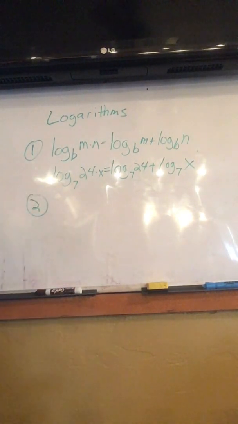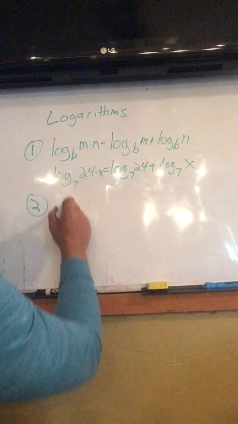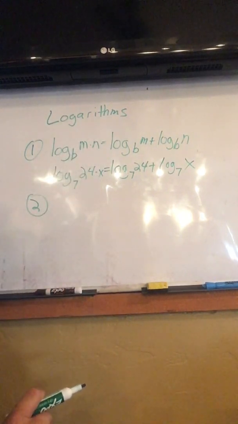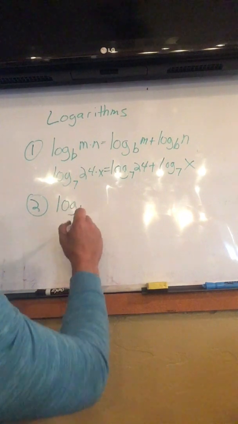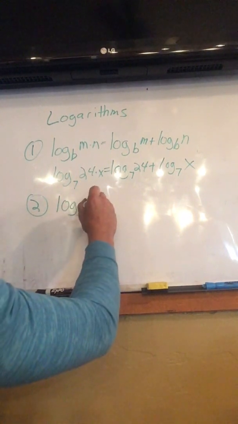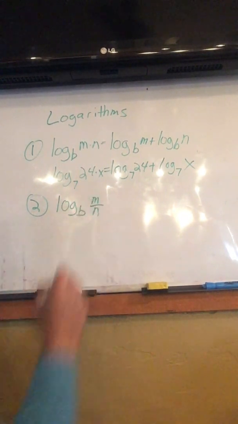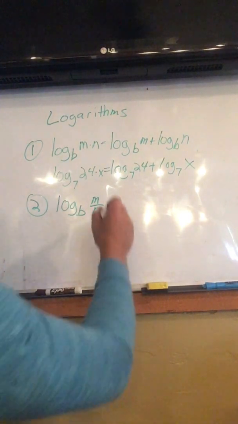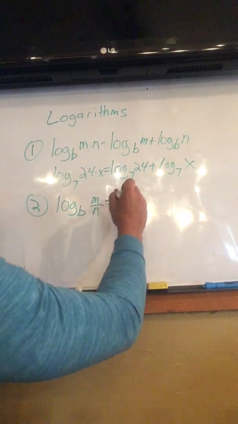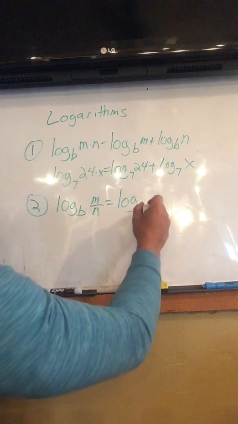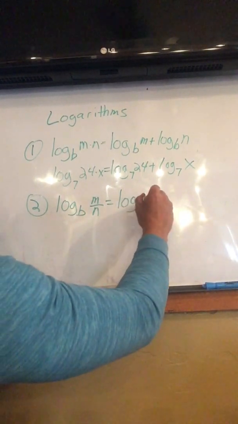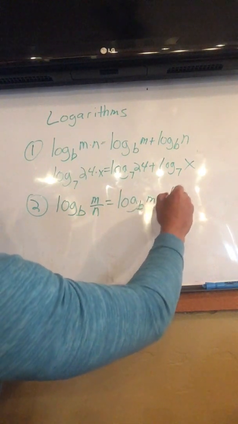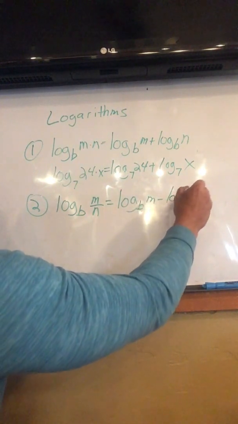The second law of logarithms follows that, but it's the inverse of multiplication, which is division. So we could have log base b of m divided by n, and we can expand that out as log base b of m minus log base b of n.